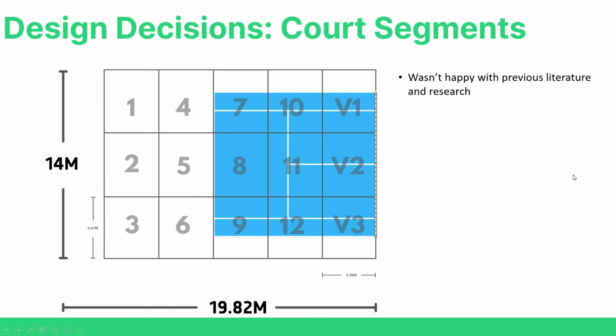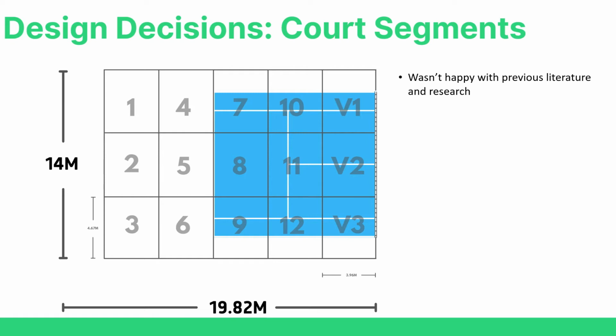One of the other design decisions that I wanted to make early on, and this was informed a lot by having the benefit of working for a number of years with players at the top level, but also in college tennis and recreational tennis as well, was that the existing literature and the court segments or court tessellations didn't seem to align with the modern game as well as they could.